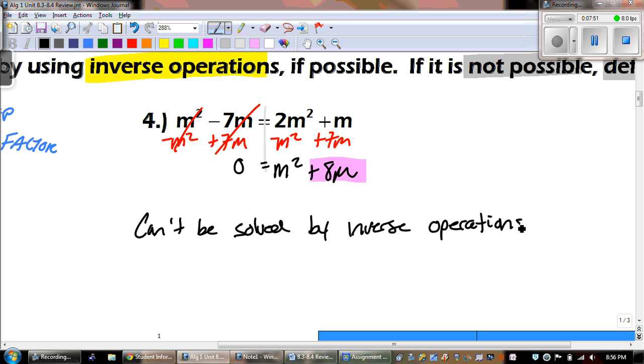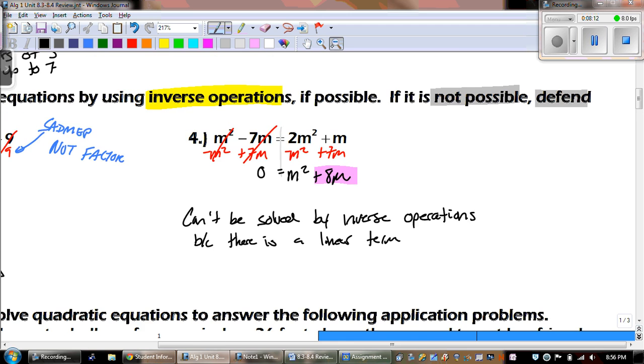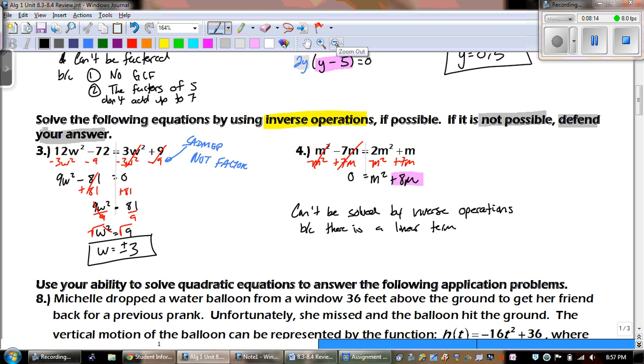And remember, we have to defend it. And it is because there is a linear term. If there's a linear term, we can't solve it by inverses. Now, can we solve this a different way? Yeah, we could solve it by factoring, but that's not what it's asking us to do. Okay, so we are done.